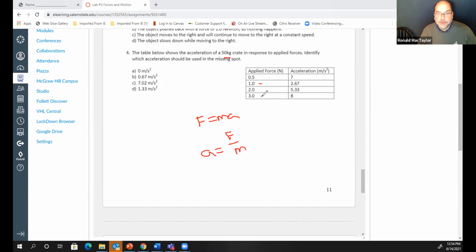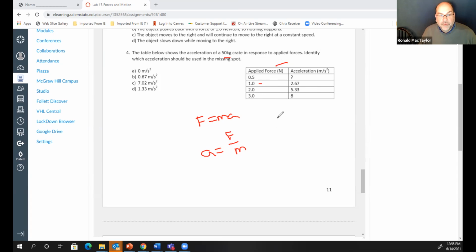So none of these make sense with this mass, right? Applied force of 3 newtons divided by 50, there's already a certain amount of force, and then we're adding this applied force.